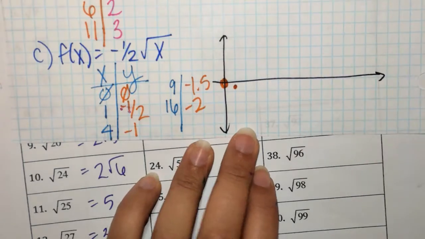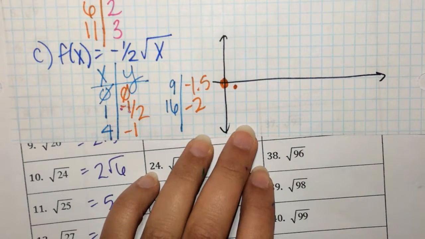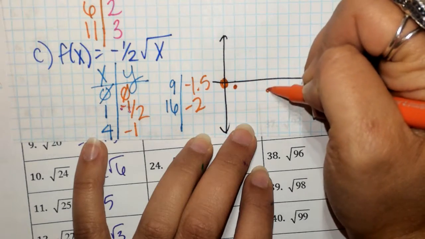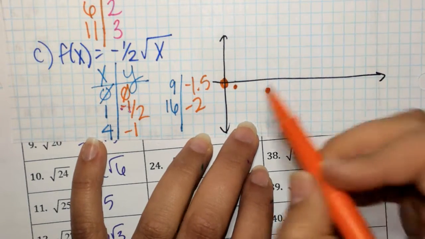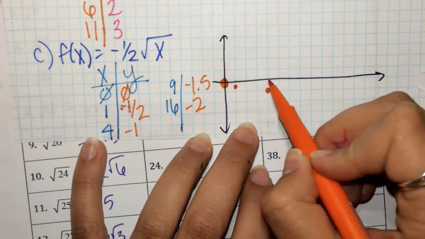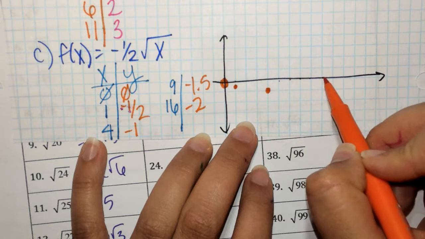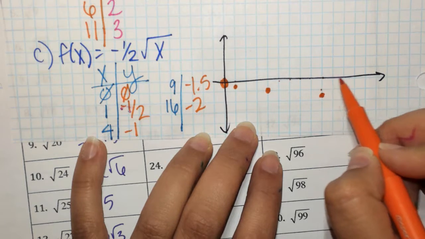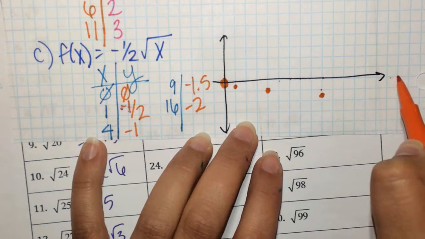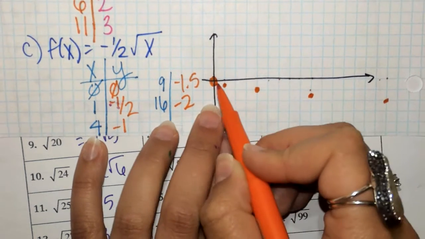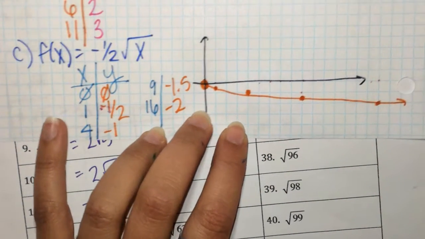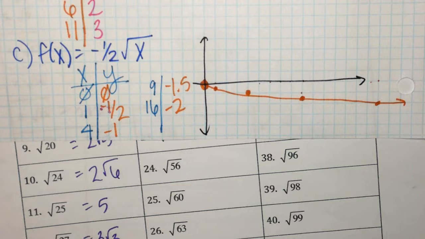So go halfway between 0 and 1. 4, negative 1. 9, negative 1.5. Down 1 and then a half. And then 16 is negative 2. So did it get flatter or steeper? It got flatter. Told y'all.